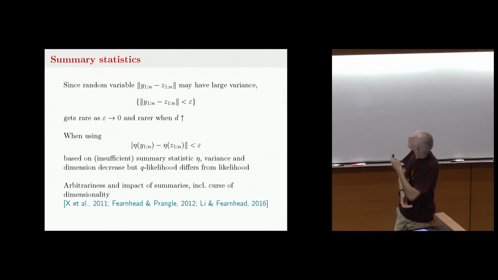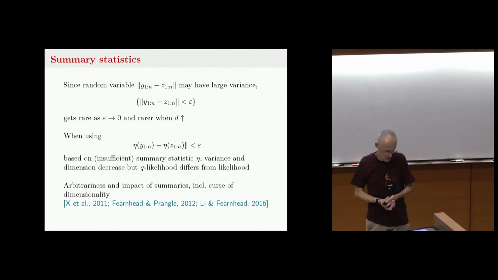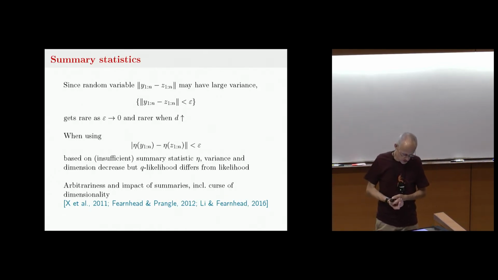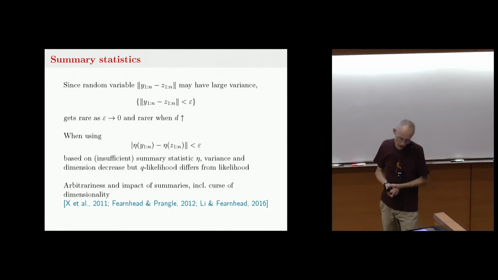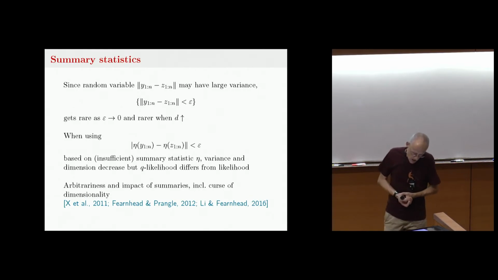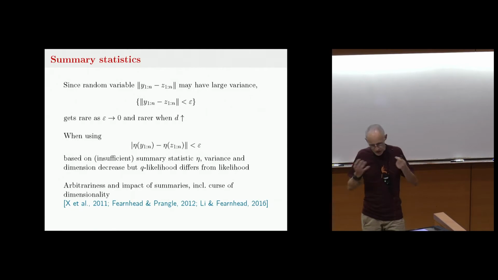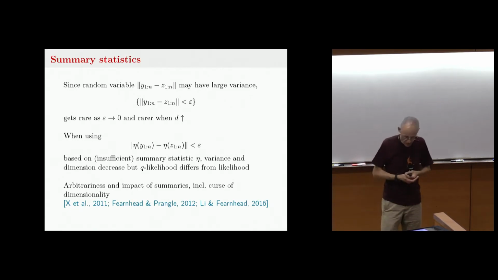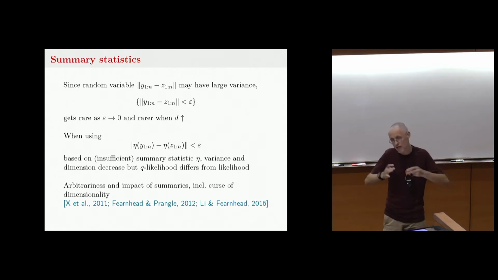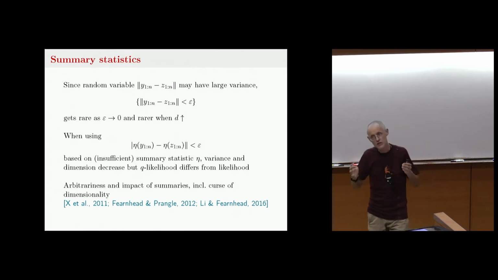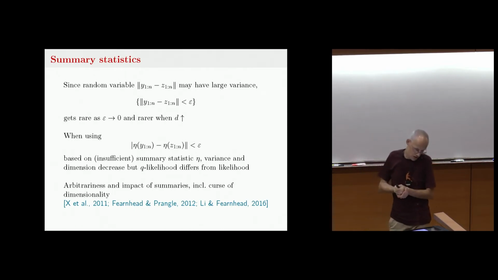Particularly, we can connect the value of epsilon with the number of observations and how quickly epsilon has to go to 0 for the convergence to happen. However, when you look at practical problems, there is not a very strong guideline or structure to select the summary statistics.